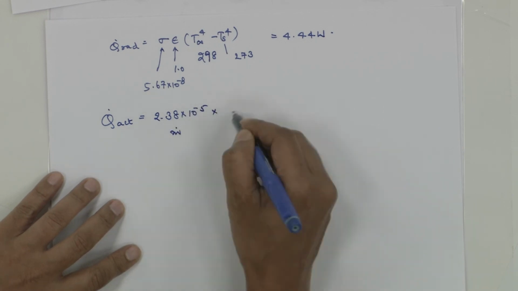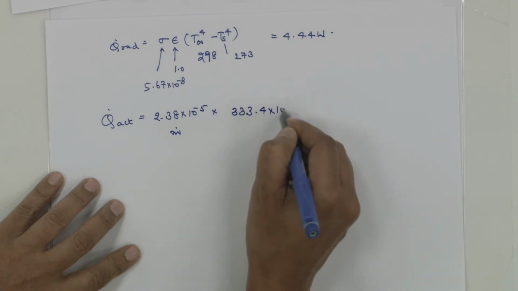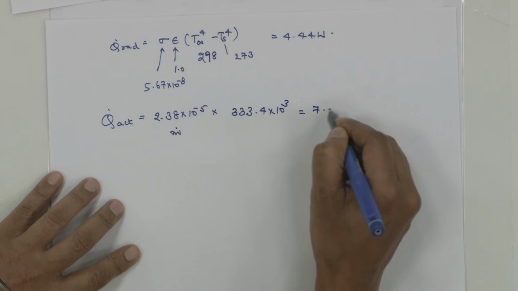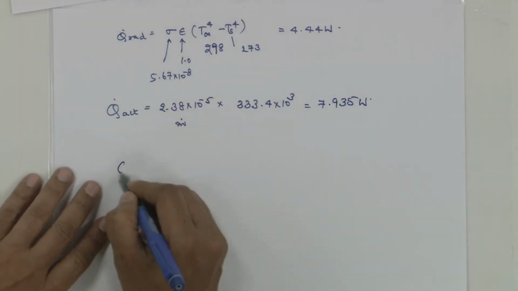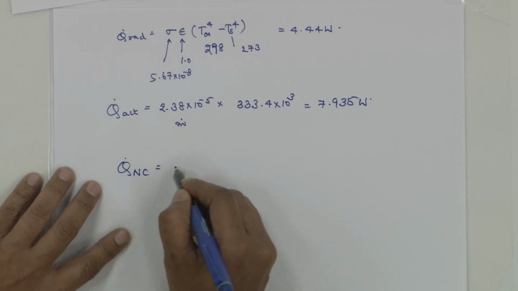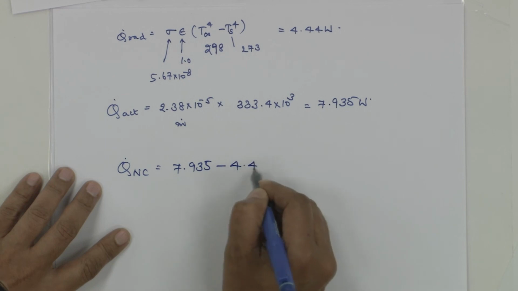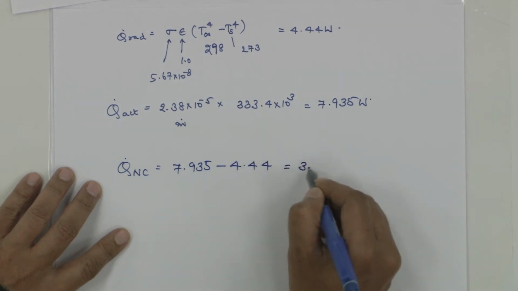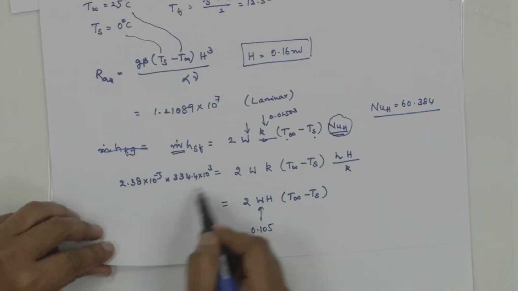But the actual heat is 2.38 into 10 to the power of minus 5, that is m dot, into hSF, 333.4 into 10 to the power of 3, you get 7.935 watts. So Q dot natural convection is 7.935 minus 4.44, you get 3.495. But we have taken the whole of m dot hSF in my calculation.